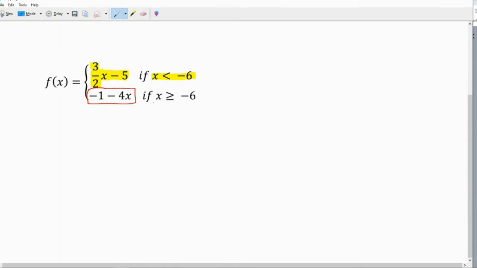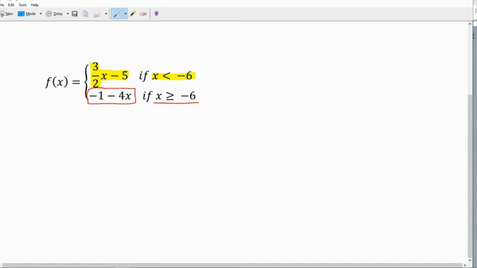We only use that if x is greater than or equal to -6. So there's 2 pieces. So if you're going to graph this, you make a table, one table, you need to use the first function, and the only x's you would put on the table were x's that were less than -6. And you would usually use -6. -6 is the obvious breaking point.